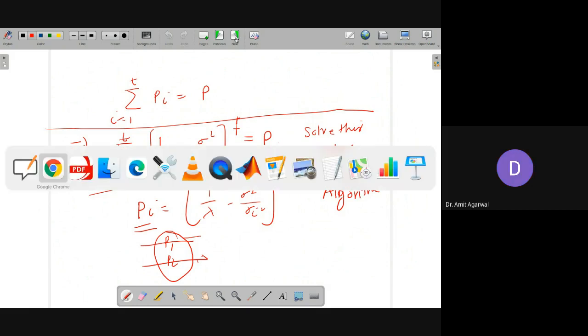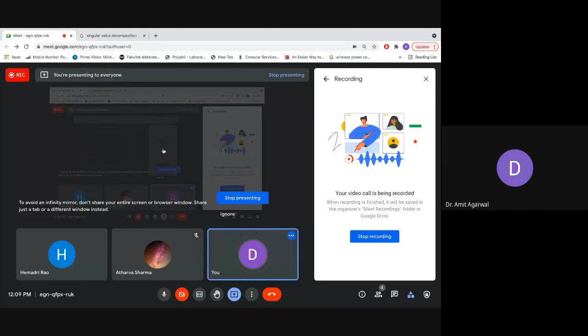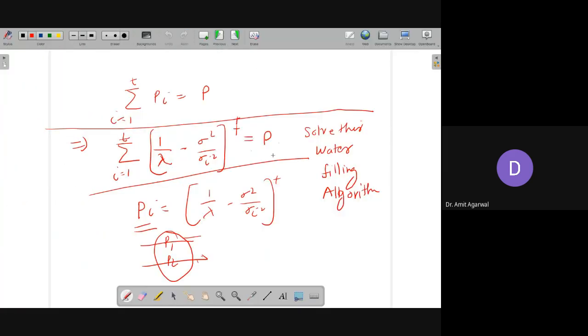And Athar is also there or he left? Athar, do you have any query? No, I think Athar is also not having any query. So we will do this water filling, because it is a little lengthy and involved process, and we will do it with a fresh mind. Okay.